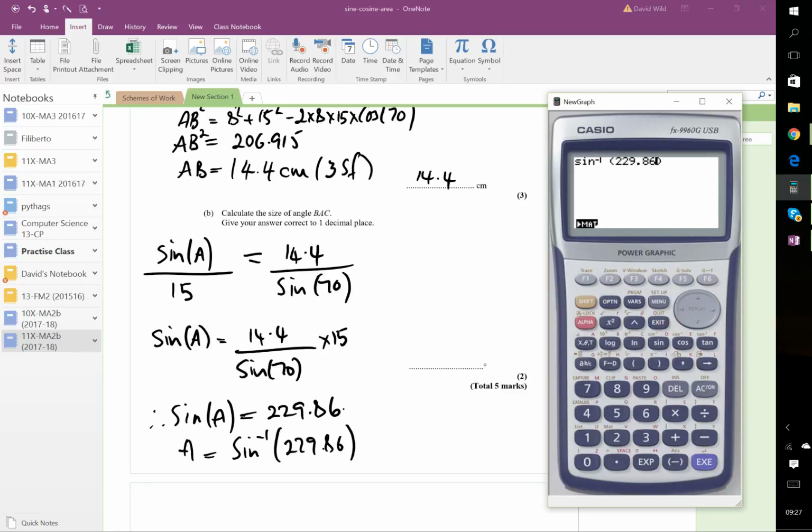No, what's happened here? Let's just try this again. Okay, so 14.4 divided by the sine of 70 multiplied by 15.